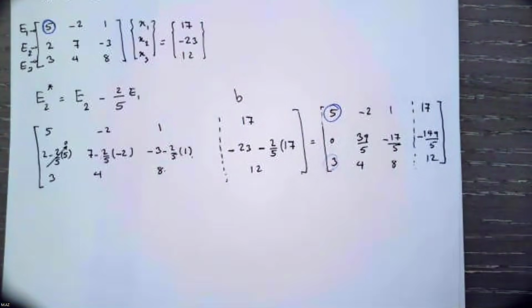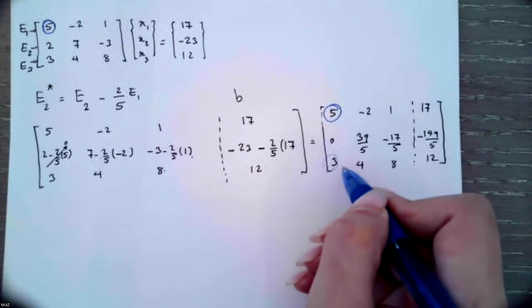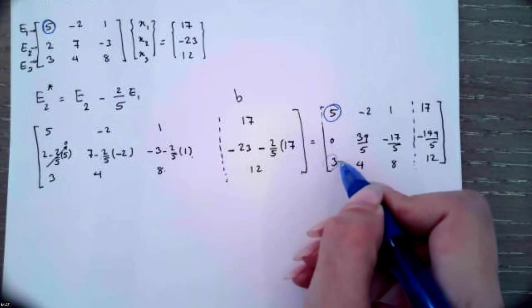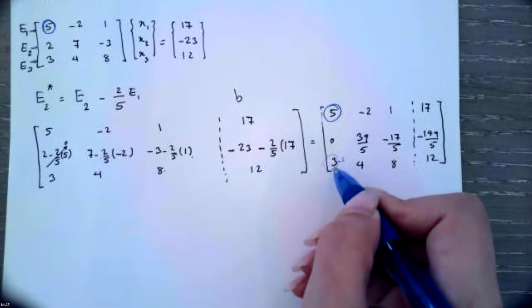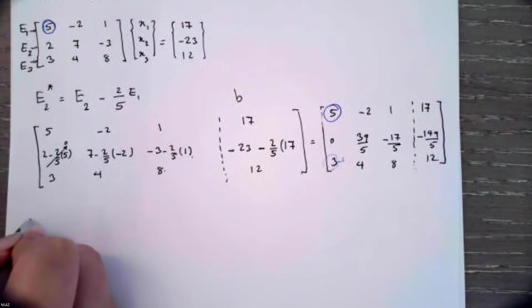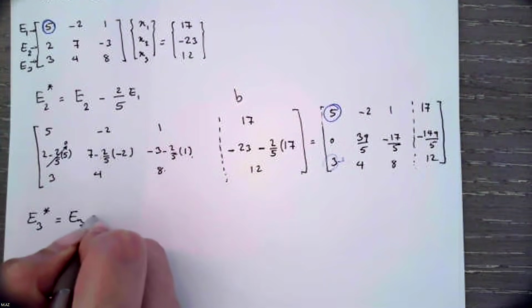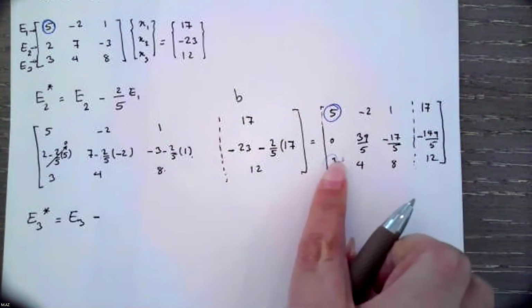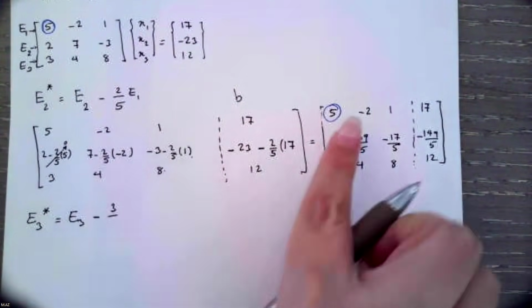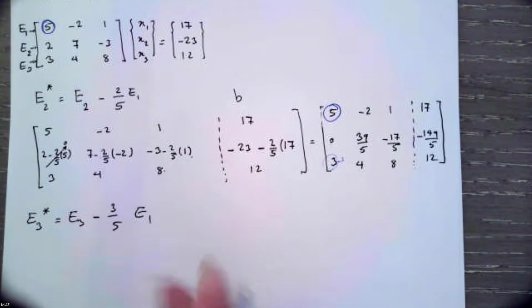Again, by applying the elementary row operations, we turn this element to 0. This means we have to create the negative 3. 3 minus 3 becomes 0. 3 over 5, equation 1.